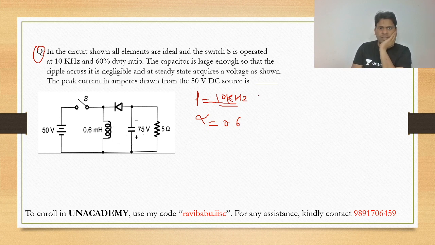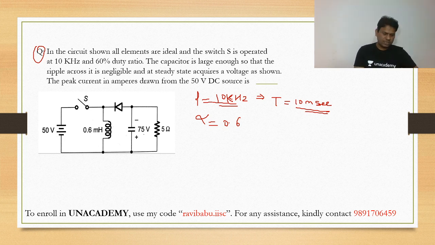Now, what will be the time period of switching? So T is equal to 10 by 1000, so simply we can write 10 millisecond. Sorry, 10,000. So yeah, 100 microsecond.